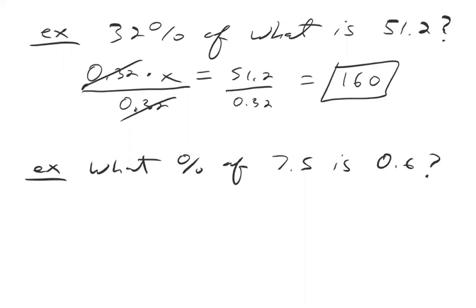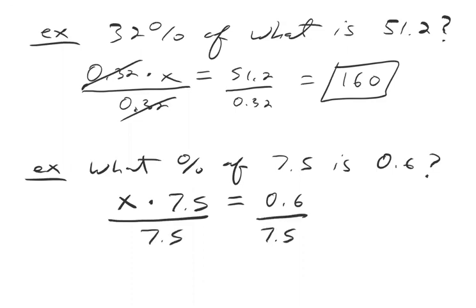So what percent of 7.5 is 0.6? So first of all, this "what percent" is my x. "Of" translates to times. 7.5, "is" translates to equal, 0.6. To get the x alone, I have to divide both sides by 7.5, don't I? Which gets me x equaling 0.6 divided by 7.5, which is 0.08.